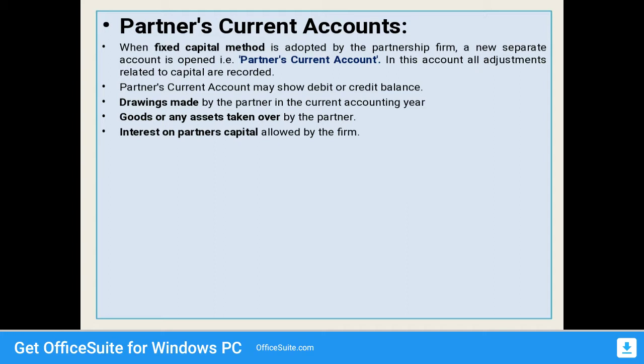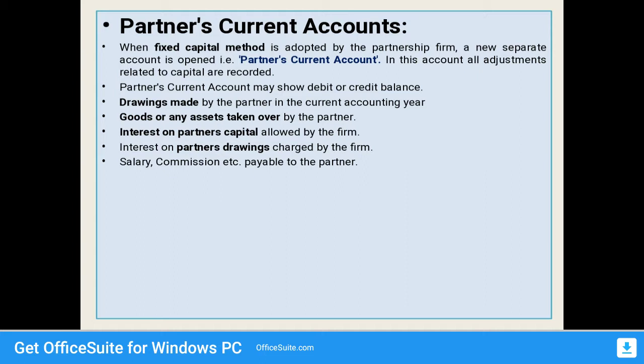interest on partner's capital allowed by the firm, interest on partner's drawings charged by the firm, salary and commission payable to the partners, distribution of profit or loss of the firm.